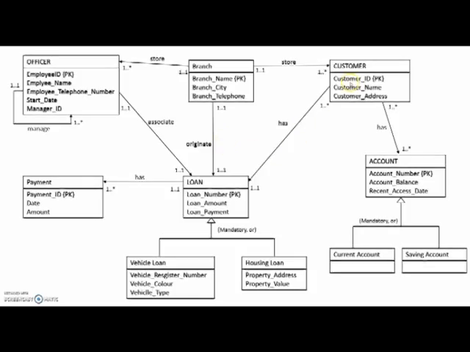So the relationship and the multiplicity is just like this: the branch originates one and only one loan, and the loan is originated by one and only one branch. Well, the customer has one and only one loan, and the loan has one or many customers.